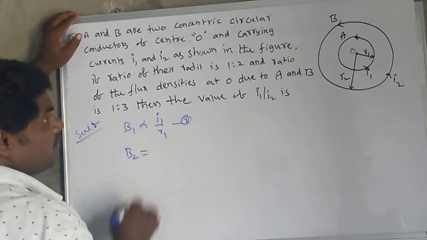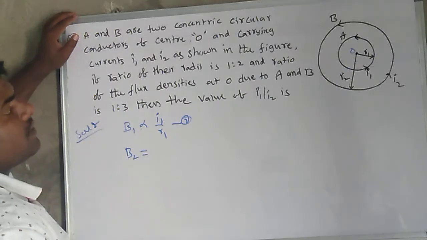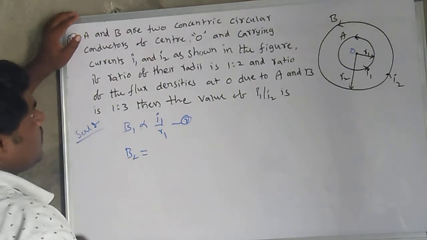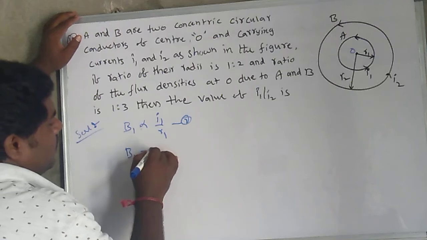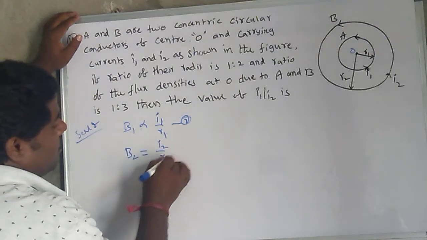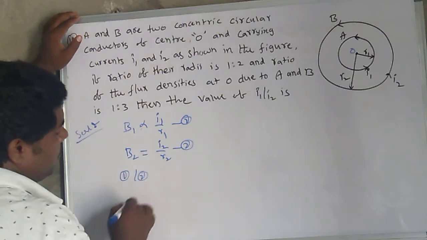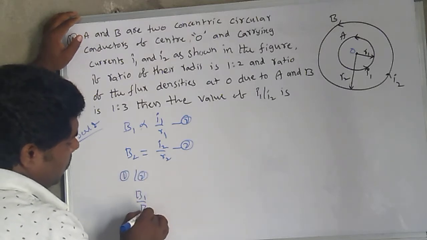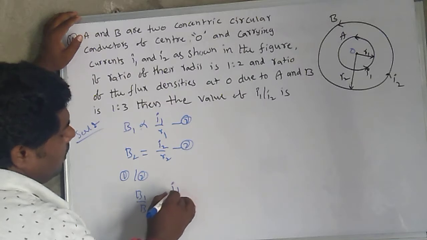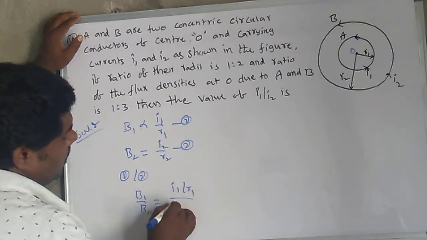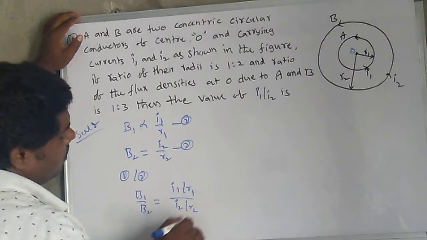Similarly B2 is for B, the concentric circle, so I2 divided by R2. This is equation number 2. So equation 1 divided by equation number 2: B1 by B2 is equal to I1 by R1 divided by I2 by R2.